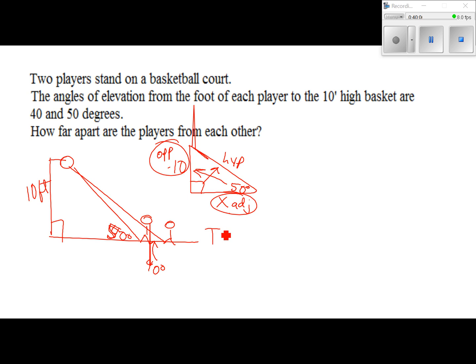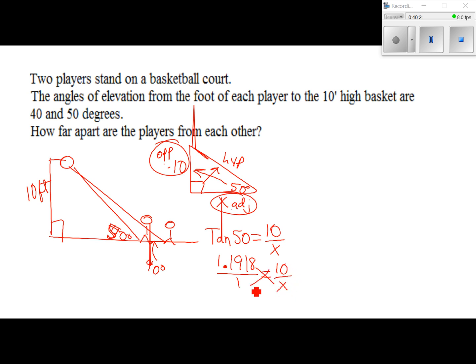So again, we're doing tangent 50 degrees equals the opposite over the adjacent, so 10 over x. We figure out what the tangent of 50 degrees is on our calculator. Tangent 50, it equals 1.1918. Put a 1 underneath that. 10 over x. We cross multiply.